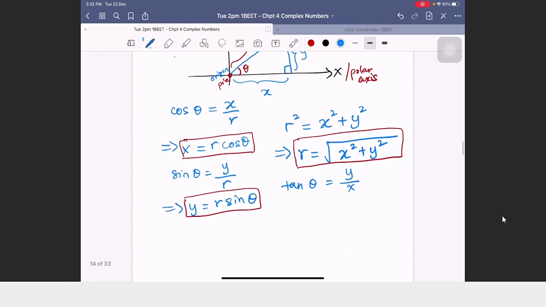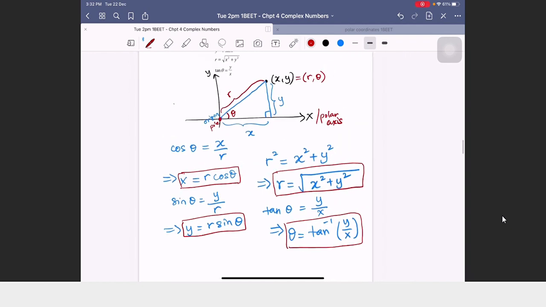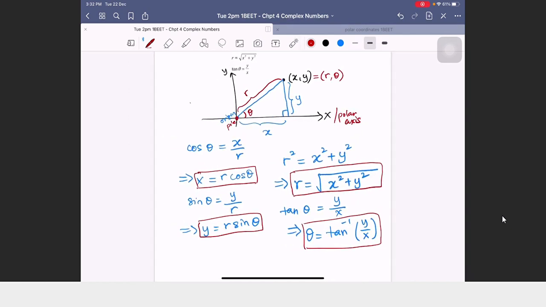Therefore, you can find your theta as tangent inverse of y over x. So you have another formula here. Basically, these are the formulas that you need in order for you to actually convert later on.